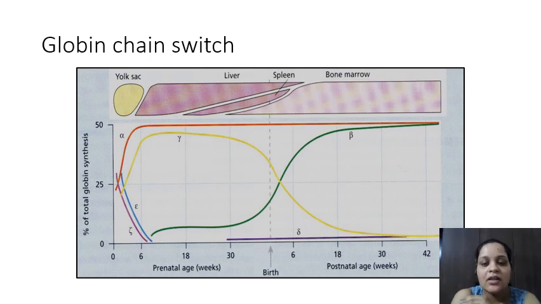After this switch, the amount of beta chain gradually increases, and gamma chain production gradually decreases, diminishing by about 8 months of life. So during adult life, the predominant hemoglobin is HbA, consisting of two alpha and two beta chains, with a small amount of HbF, consisting of two alpha and two gamma chains, and HbA2, consisting of two alpha and two delta chains.